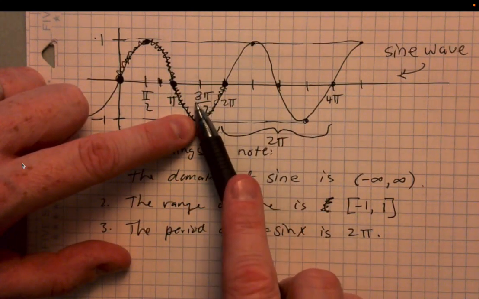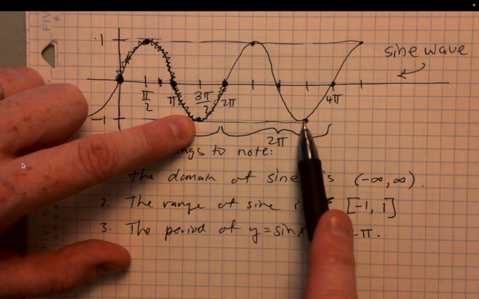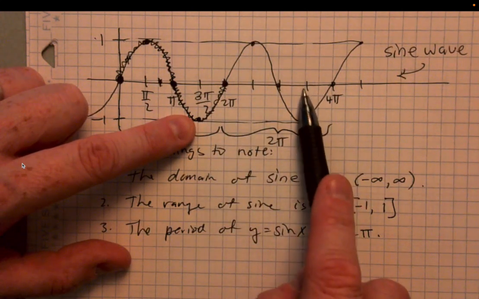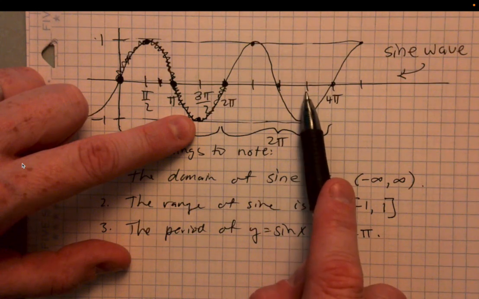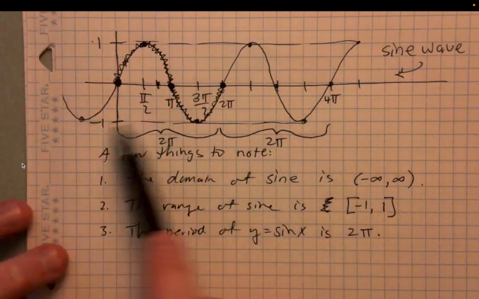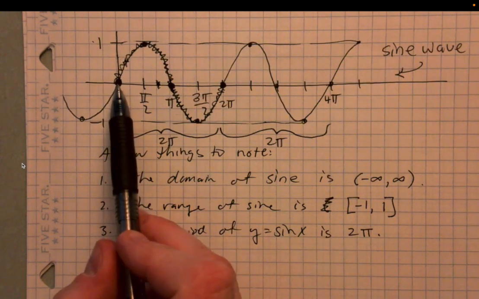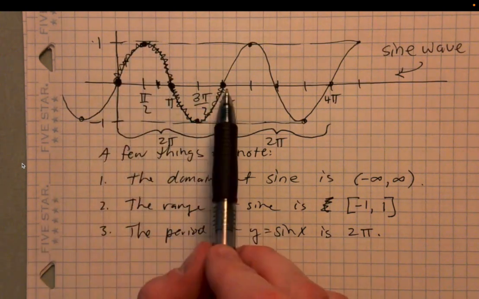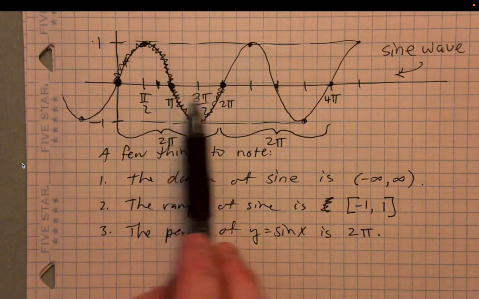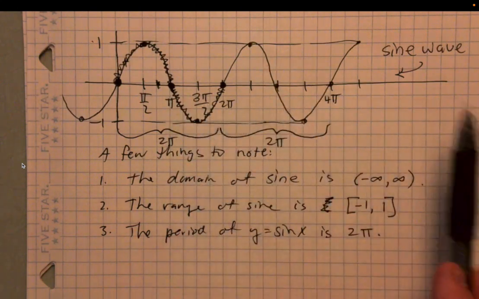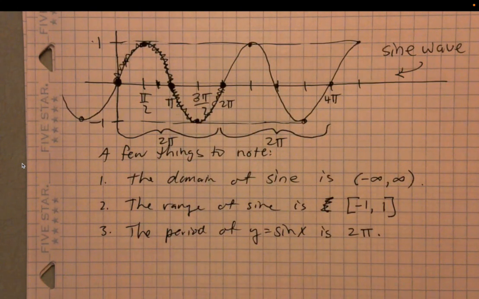So if I take 3 pi over 2 and I add 2 pi to it, then I'm going to get whatever this value is. Okay, and so that's the idea with the period. It doesn't necessarily mean that the period has to start at 0 and go exactly to 2 pi. It just means from any point on the graph, if you go 2 pi radians ahead of that point, you're going to be in the exact same position.